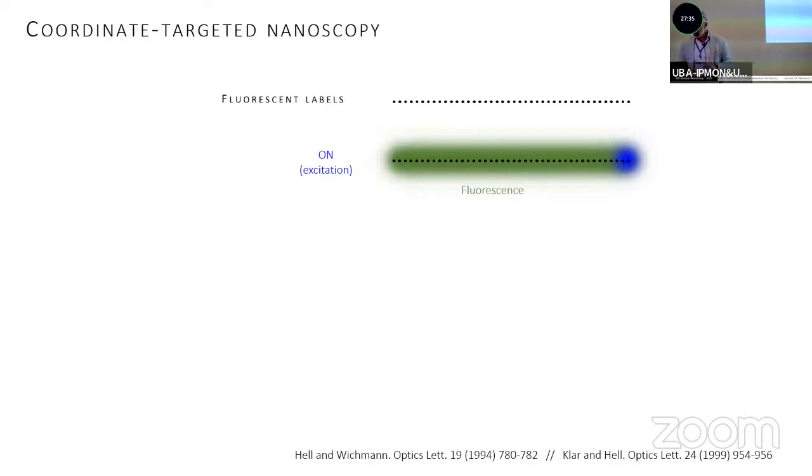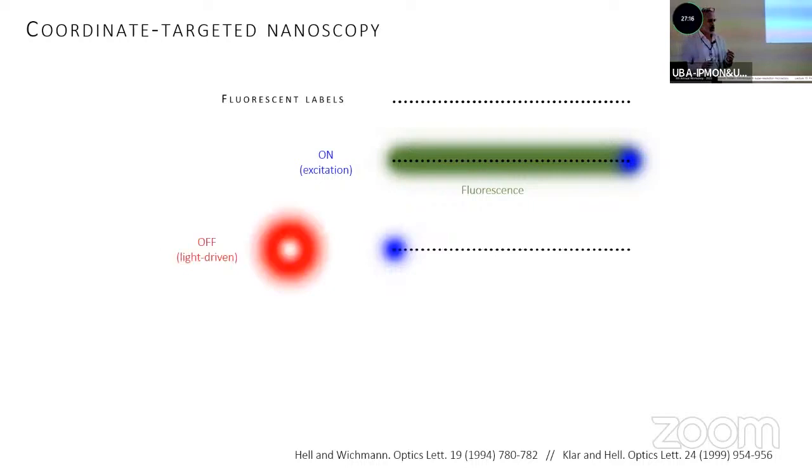But now, let's imagine that there is some way to switch fluorescence off induced by light. If we have a mechanism to suppress fluorescence with light, then we can take our laser focus and generate another focus with this shape, right? I will show you later how you can do that, but it's very simple.